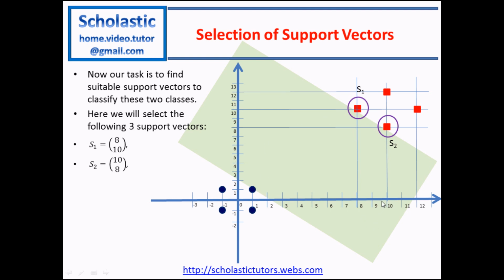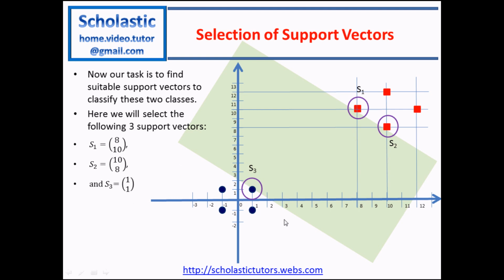They are the feature vectors from the original red class which are closer to the blue boundary. We could include a few more, and sometimes we might include one or two more to make it more accurate, but in this case we can clearly see that these 3 are enough to find our boundary. The last one is S3, with coordinates (1, 1).